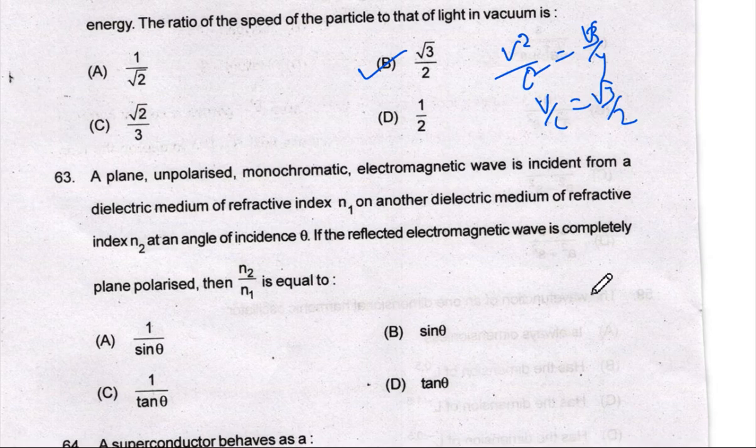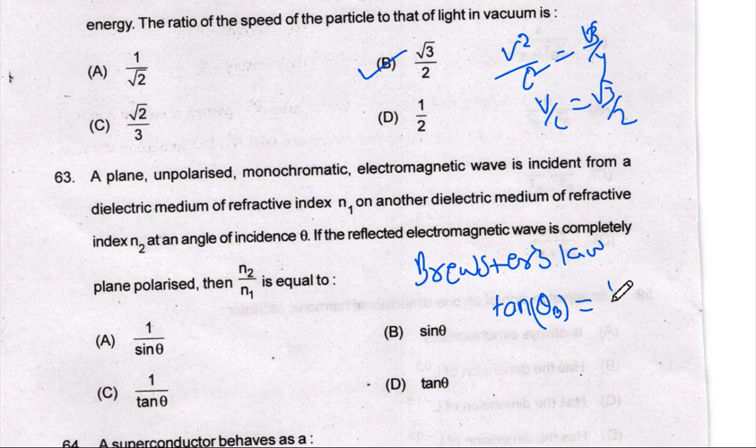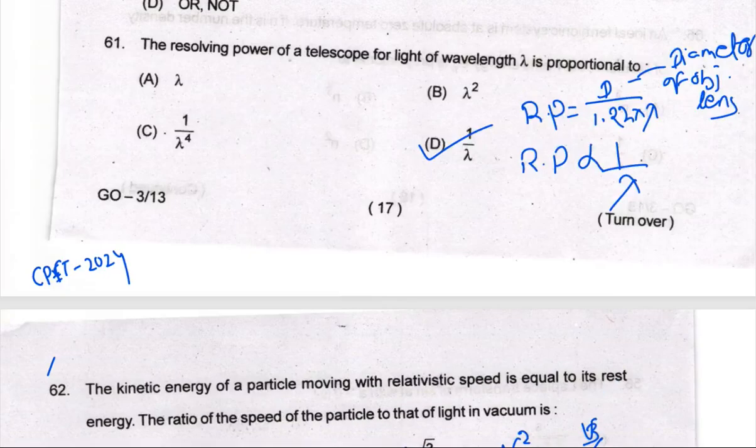We have a law called Brewster's law, which says that tan of the Brewster angle theta b is equal to n2 by n1. So n2 by n1 is tan theta, because the angle is theta. So it's option D.